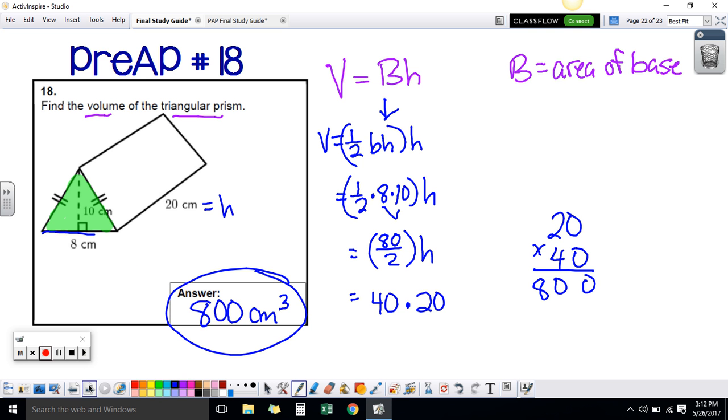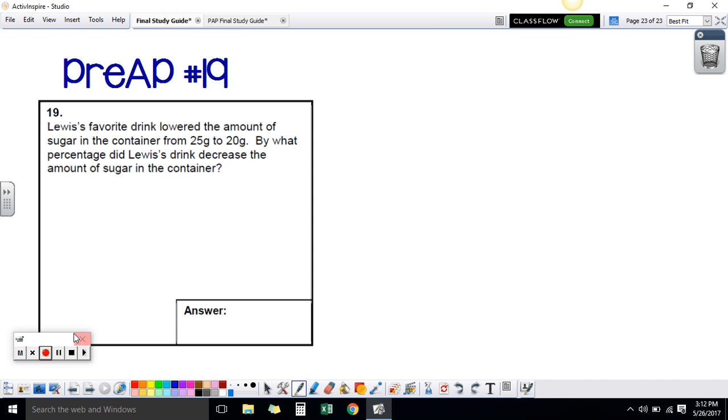Okay guys, pre-AP, last one, number 19. It says Lewis's favorite drink lowered the amount of sugar in the container from 25 grams to 20 grams. By what percentage did Lewis's drink decrease the amount of sugar in the container? Okay, so we've got part over total, again, equals percent out of 100.